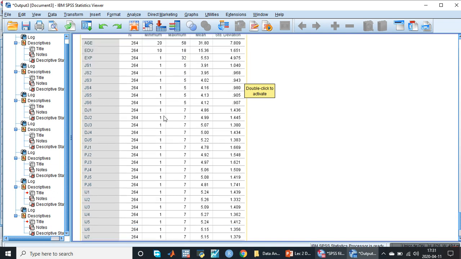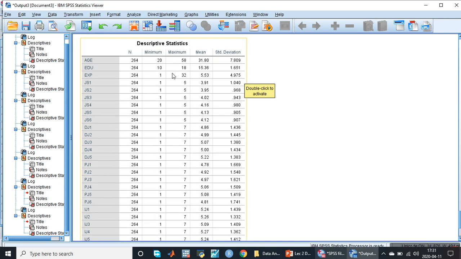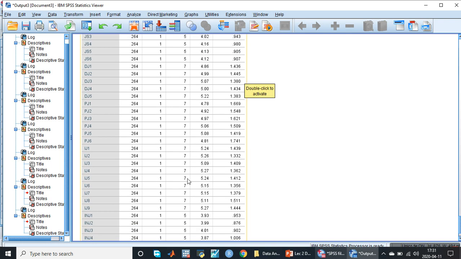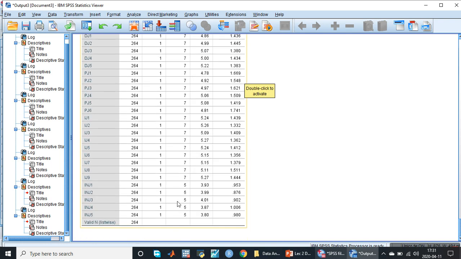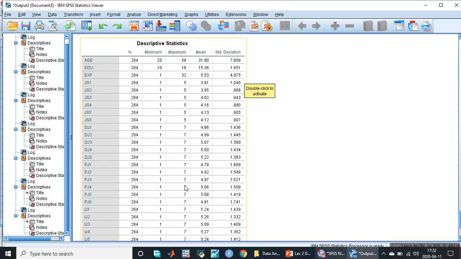The minimum value of these variables was 1, and the maximum was 5 for job satisfaction, and for the rest of the variables 7, except informational justice, which is measured on a 5 scale, so the maximum value is 5. These were the mean values.